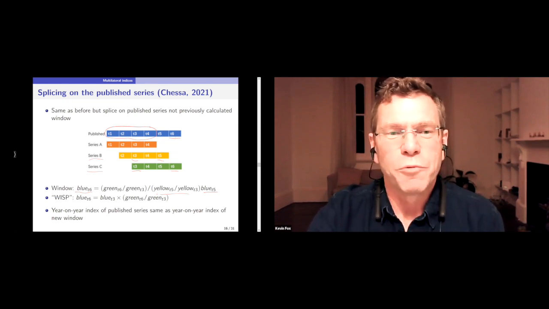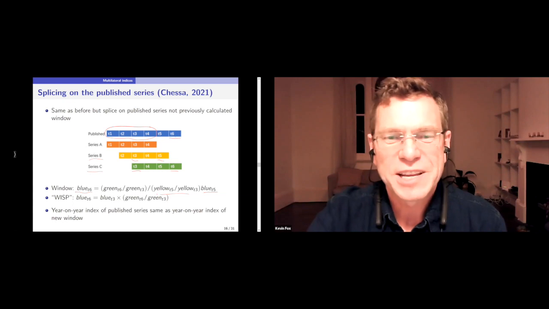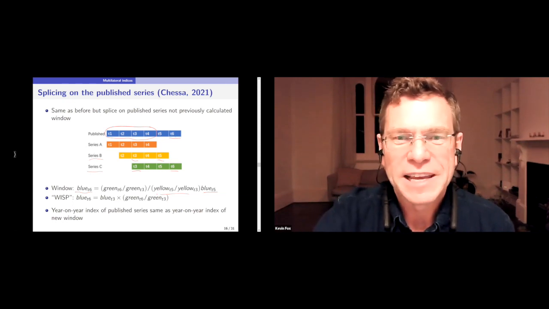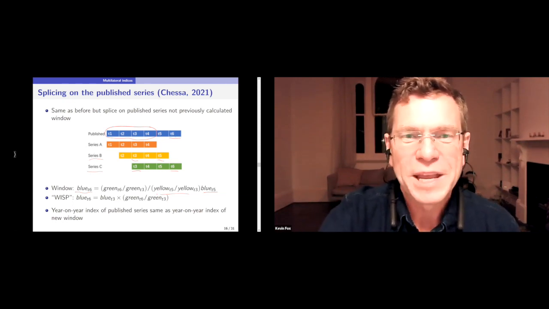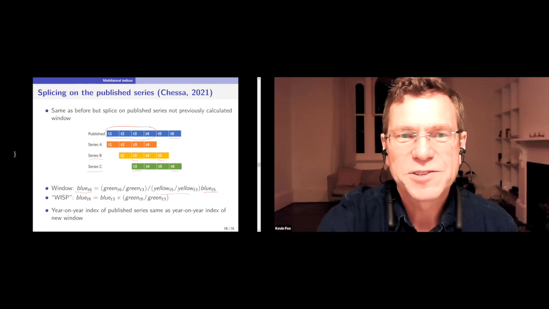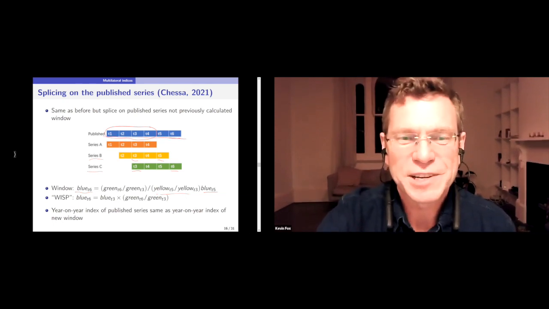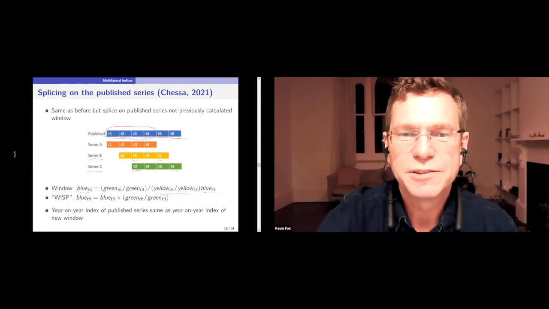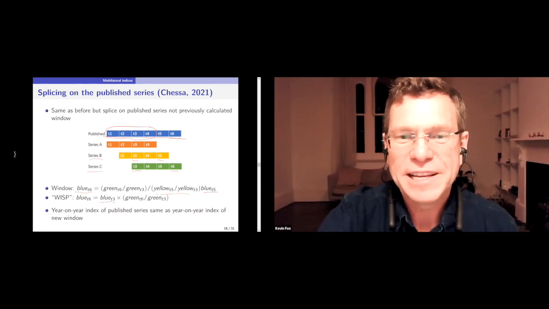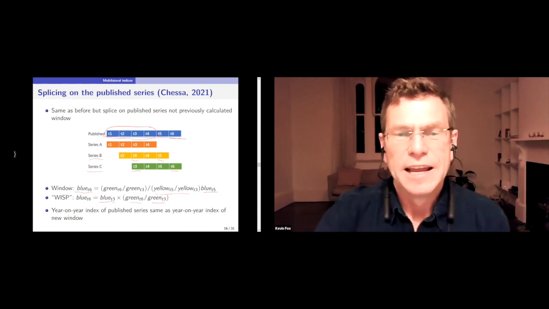So if we were to do a window splice on the published series, we forget about the yellow series. All we care about is linking on this top one here, the published series. And so you take blue T3 and multiply it by the growth between green T3 and green T6.